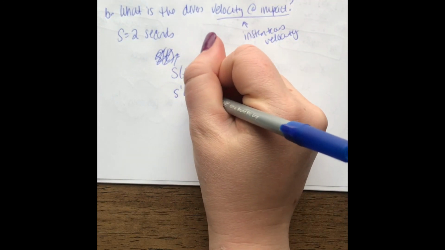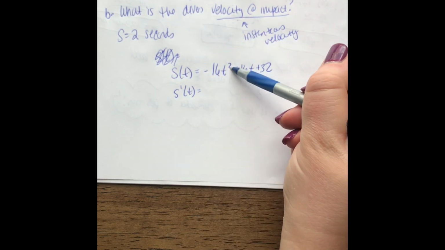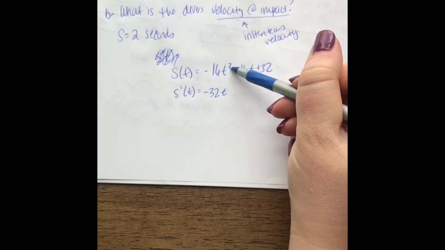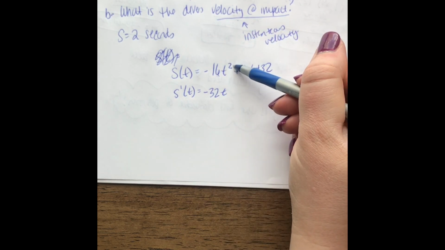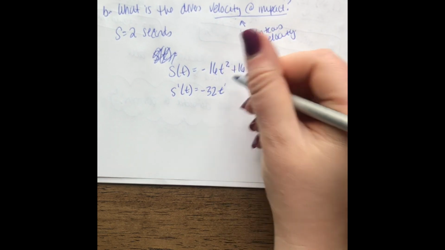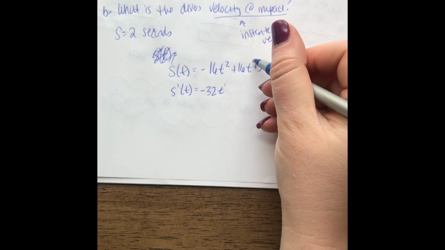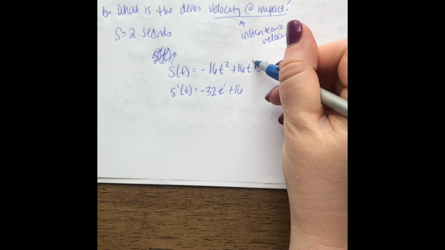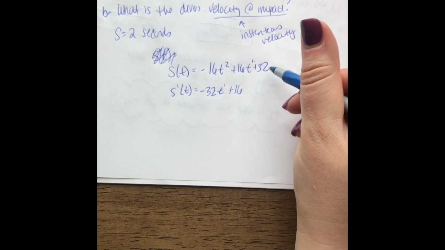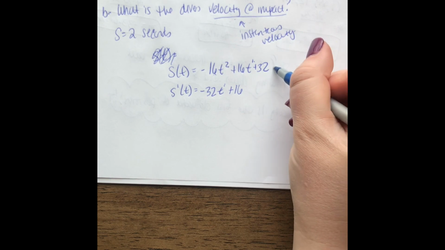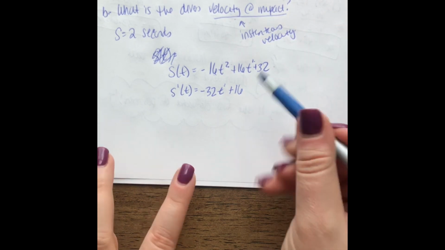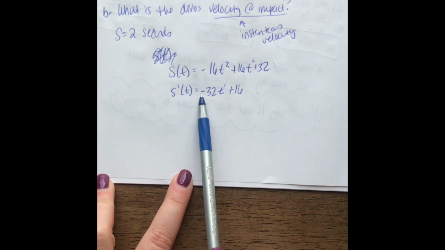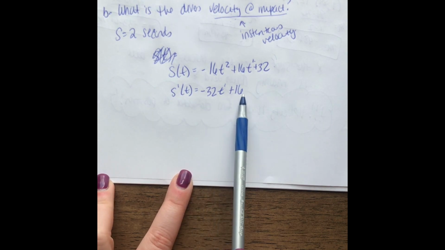So s prime of t, you're going to take this 2, multiply it out in front, negative 32t, subtract 1 from the exponent, 2 minus 1 is 1. The exponent of this t is a 1, so 16 times 1 is 16. 1 minus 1 is 0. Anything to the power of 0 is 1. And the derivative of a constant is just 0. So we know that now the formula for velocity, s prime of t, is equal to negative 32t plus 16.